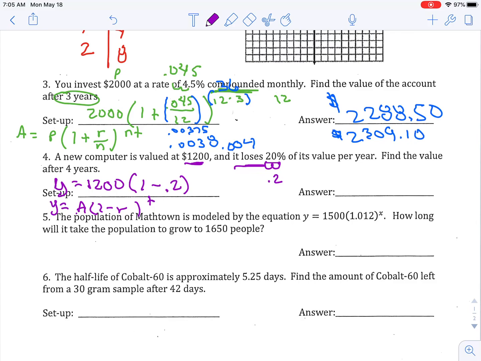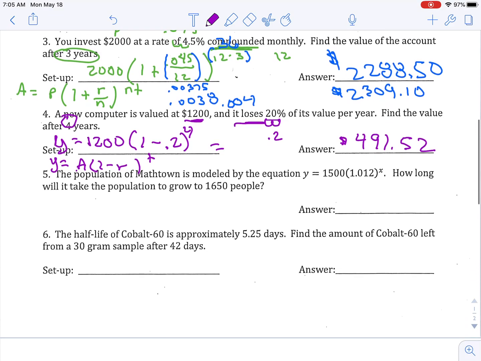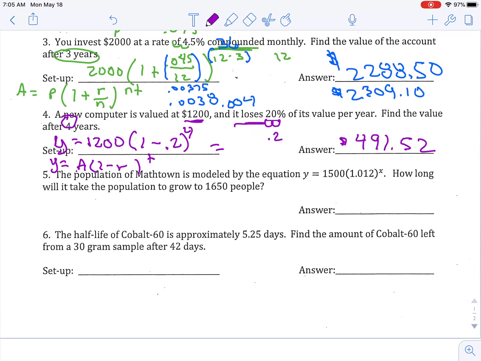And then I raise it to find the value after 4 years. So I put a 4 in here. Okay, so when we calculate that out, that should give us, now our computer is worth $491.52 when we calculate.